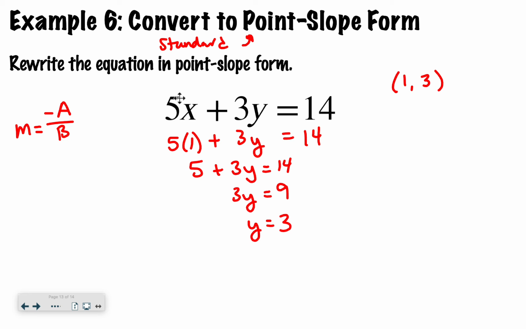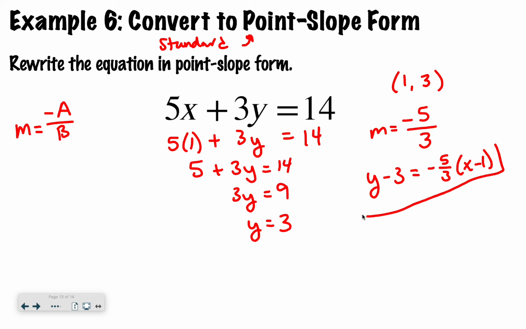You can take the opposite of your a value. So in this case, it's a +5. So now it's a -5 over whatever your b value. So it's a 3. So that is your slope. So my equation would be y minus 3 equals -5/3 x minus 1.